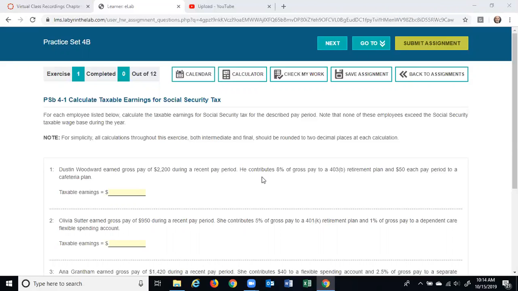You'll see that the only thing deductible from the gross wage in terms of Social Security is the $50 cafeteria plan. The 403B is taxable for Social Security. So we take the 2,200 and subtract out the 50, and we've got 2,150.